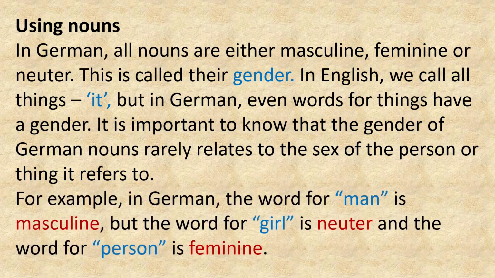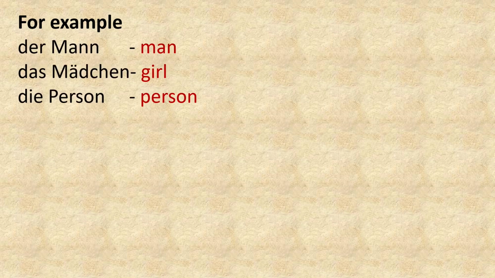For example, in German, the word for man is masculine, but the word for girl is neuter, and the word for person is feminine. For example, der Mann, man; das Mädchen, girl; die Person, person.